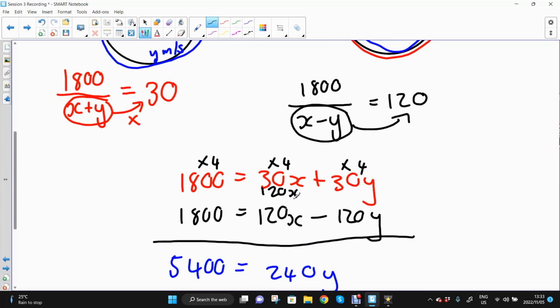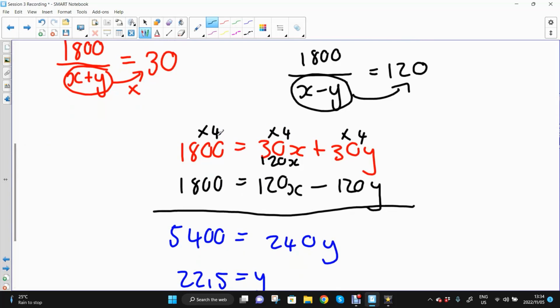I want one of these variables to cancel out when I vertically subtract or add, depending on what your calculation is. So here I need to subtract, but if I times by 4 here, I just need to make sure to times the whole equation by 4, and then I can work that out. So let's see, if I take 1,800 and I times that by 4, this is going to give me 7,200.